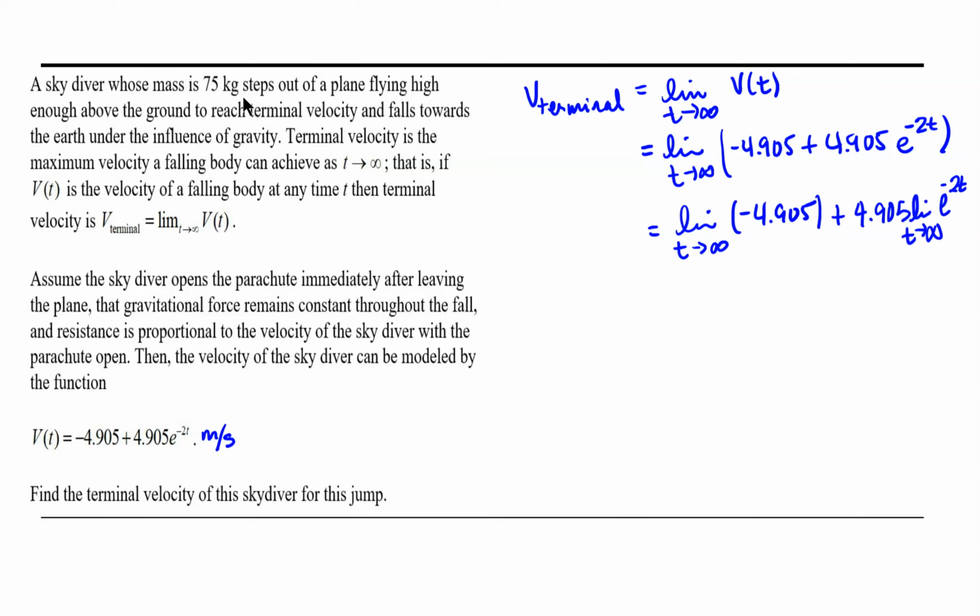Well, the limit of a constant is a constant, so this limit as t approaches infinity of negative 4.905 is just going to be negative 4.905 plus 4.905 times, and now we need to consider what happens to this limit as t approaches infinity of e to the negative 2t.